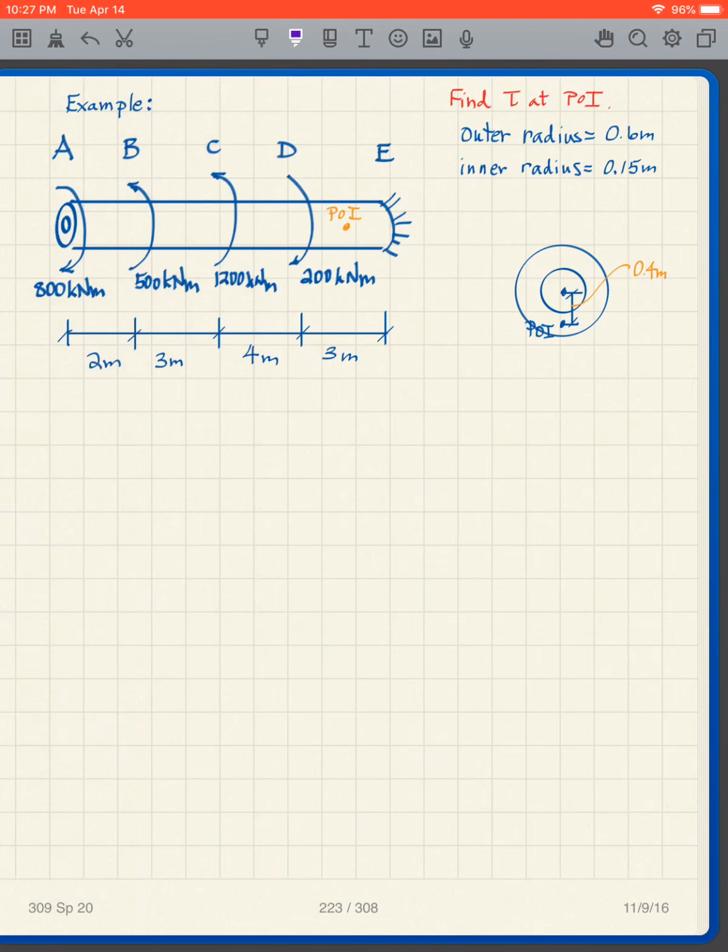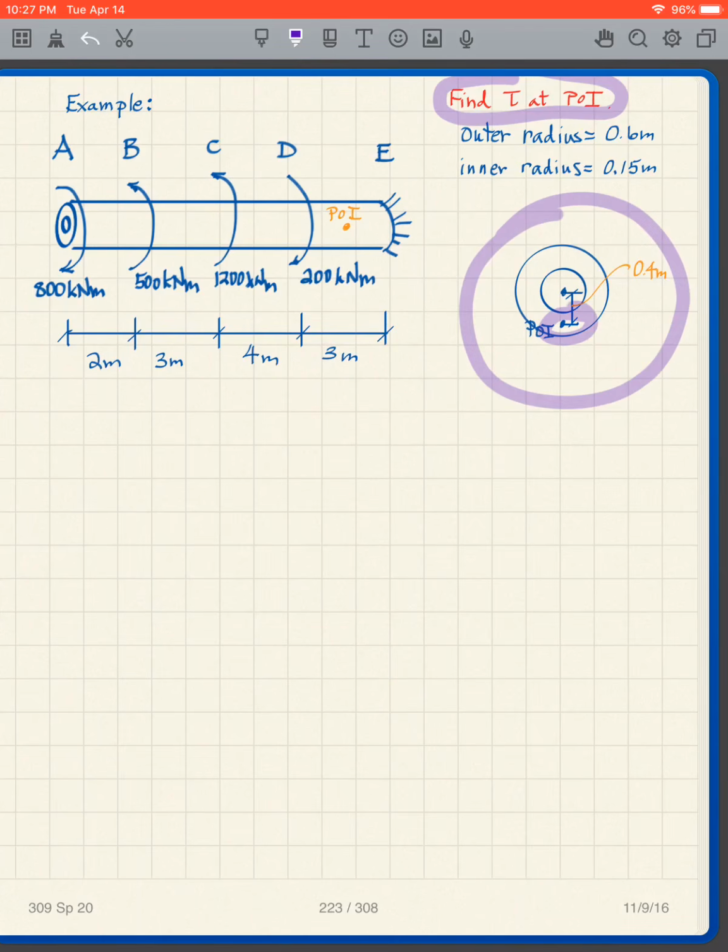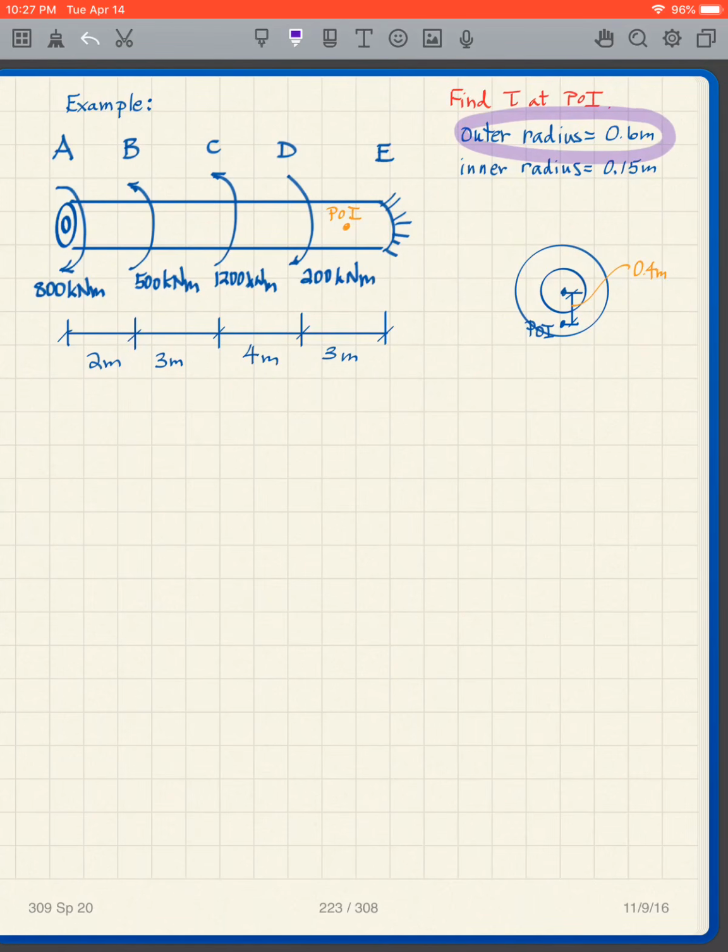Okay, this one's a little bit more difficult, but I'm going to let you find the tau at the point of interest. I'm showing the point of interest right there. This is a hollow cylinder. I give you the inner radius and the outer radius. The outer radius is 0.6 meters. The inner radius is 0.15 meters. Now my point of interest is where?